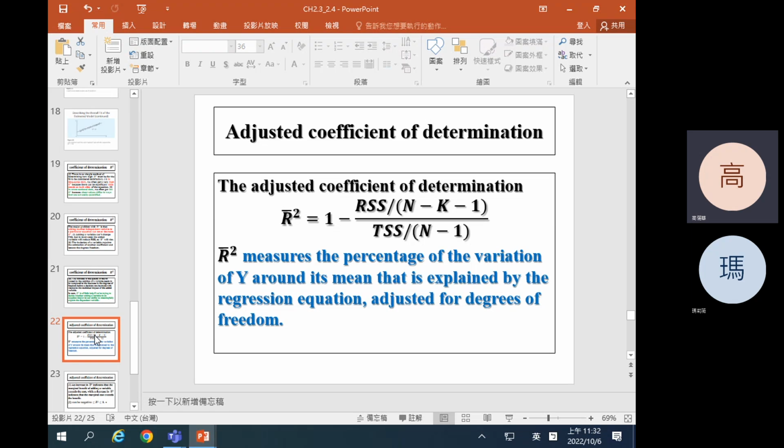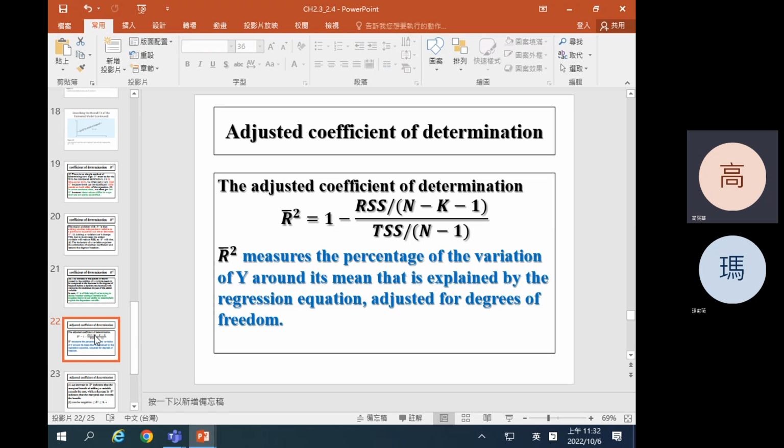However, the original R squared isn't affected by the number of x variables, is it? So you see the difference? Therefore, we need an adjusted R squared to overcome the problems of the original R squared.